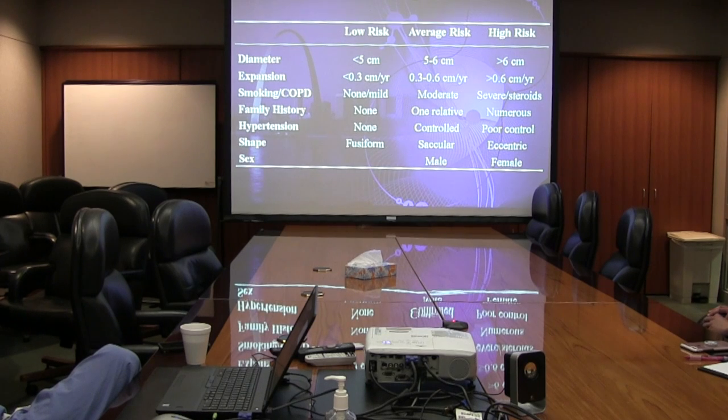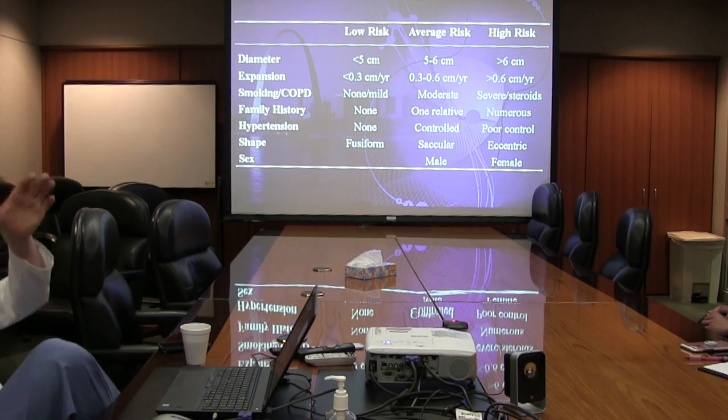If you're a smoker, your risk of rupture is higher. If you have COPD, your risk of rupture is higher, especially if you have COPD and are on chronic steroids. If you have a family history of ruptured aneurysm, your risk is higher. Uncontrolled blood pressure. And the shape is important.